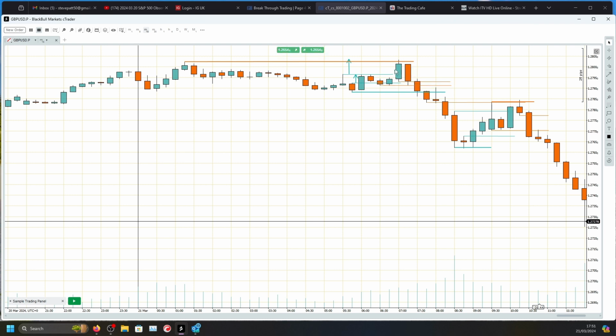So after that, I wasn't really looking to go long, because what I'd like to see is price to come back and test. In an ideal world, I'll see all that push out, price come immediately back.